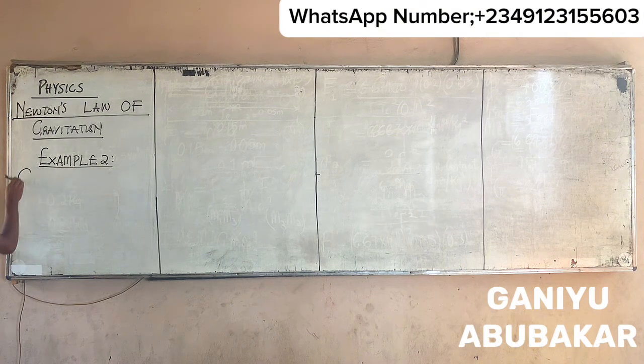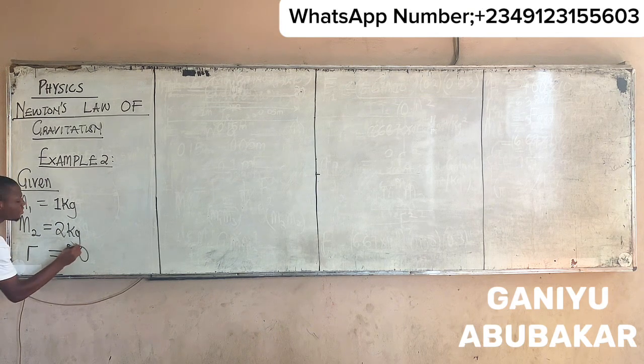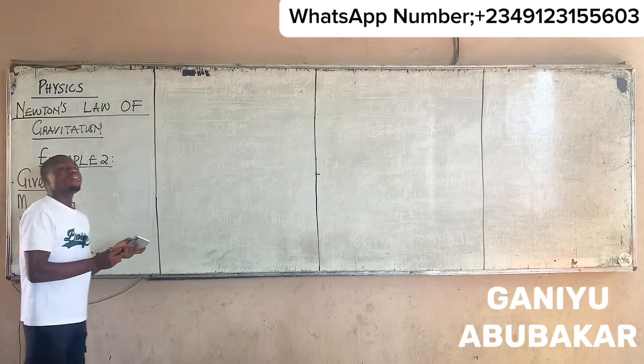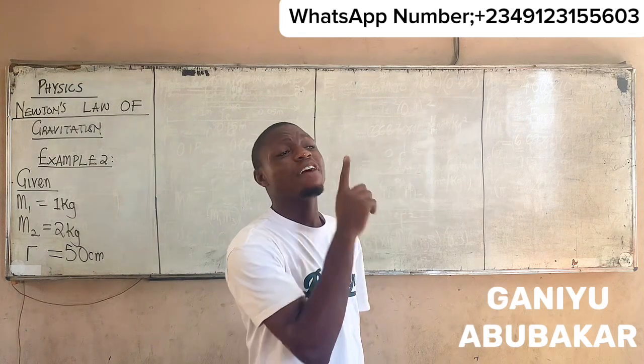Given there, first things first, I'm given M1 as 1 kilogram, right? M2 is of course 2 kilogram. Next up, the distance there, R, is given as 50 centimeter. Go and check my initial classes from the beginning, from gravitational field.